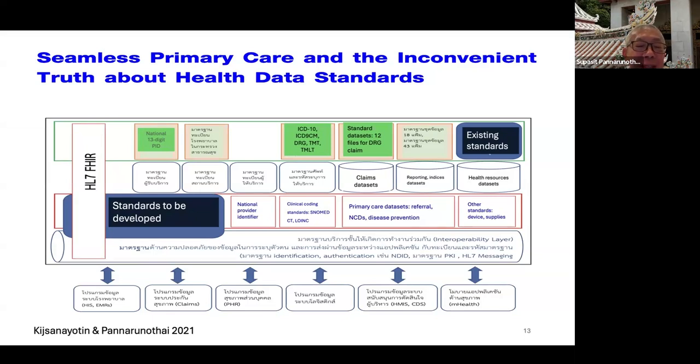The data should be interoperable. So the concept of standard has to be developed for the data items that we have to use, and HL7 FHIR is the aim, so that we can cover all kinds of data warehouse.